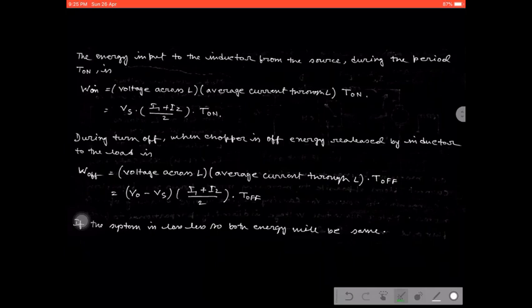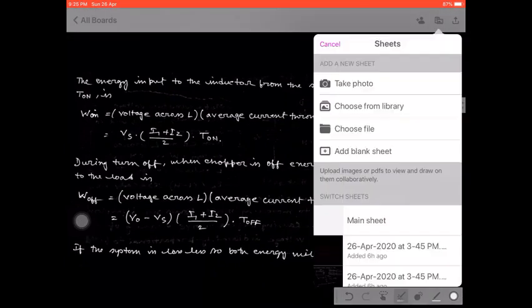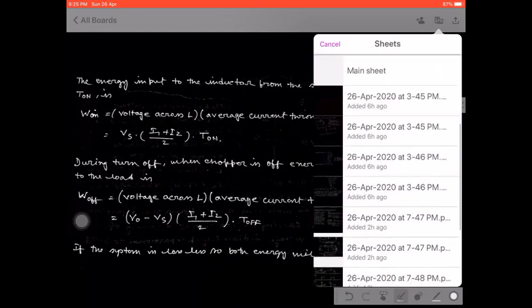See, the energy input to the inductor from the source during the on time is the voltage across the inductor times the average current through the inductor times the time duration. Let me go to the first one and recall the previous circuit.